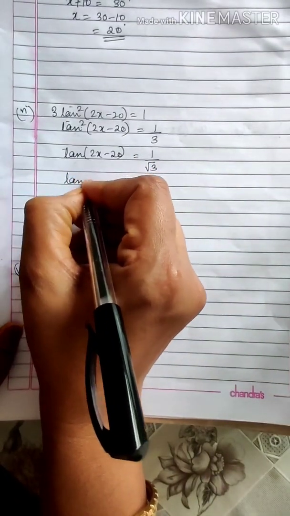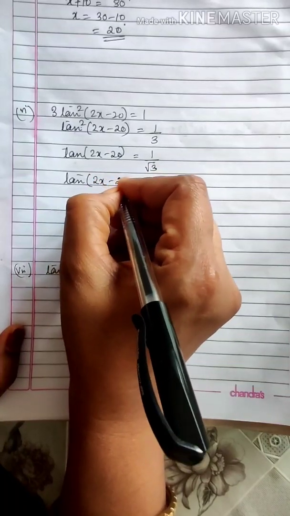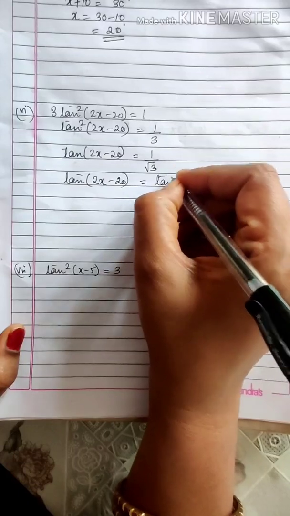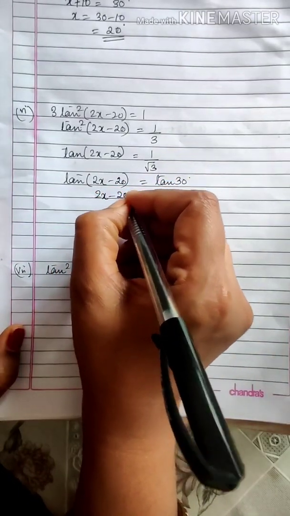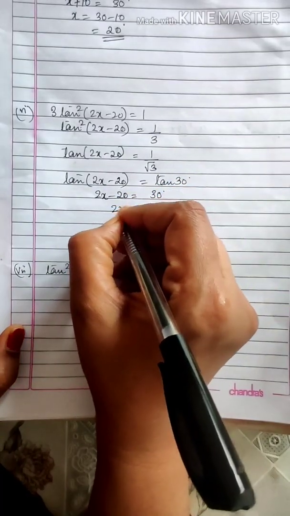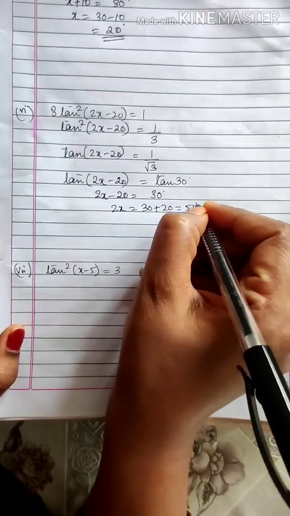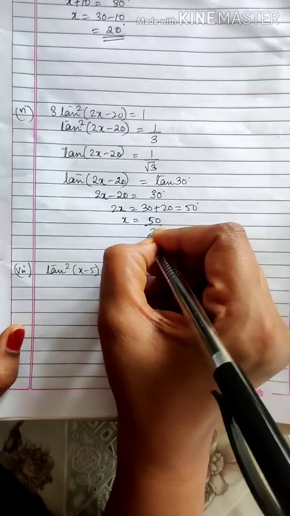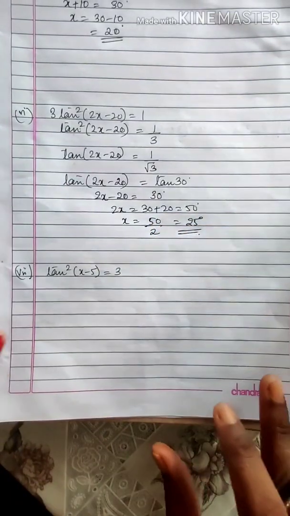Now we know the value of tan 30 is 1 by root 3. So we will substitute in place of 1 by root 3 as tan 30. Now solving this, we get 2x minus 20 is equal to 30 degree. 2x is equal to 30 plus 20, which is equal to 50 degree, and hence x will be equal to 50 by 2, which is equal to 25 degree.